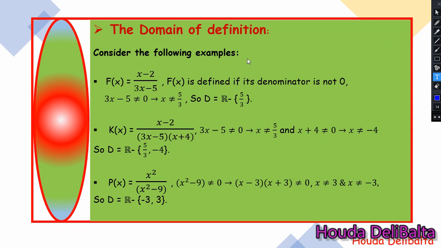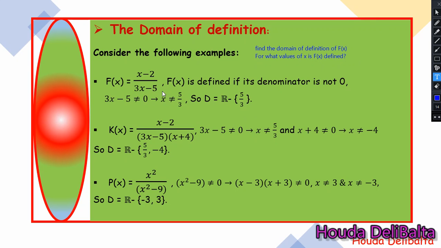So the question is either find the domain of definition of f of x, or for what values of x is f of x defined. So you have to know the way of the question that's related to the domain of definition.